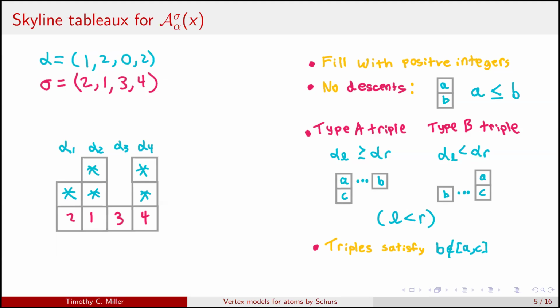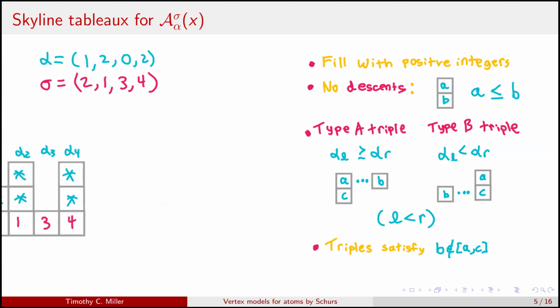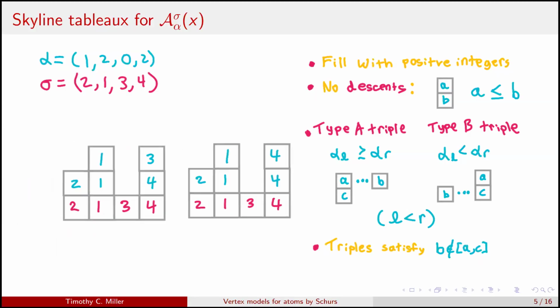The only condition you need to satisfy is that B cannot be strictly between the values A and C. And here's an example of the two tableaux in our case. Every tableau is assigned a weight that just counts the number of blue entries in the tableau, and then you sum over all weights, and that gets you our permuted basement Demazure atoms.